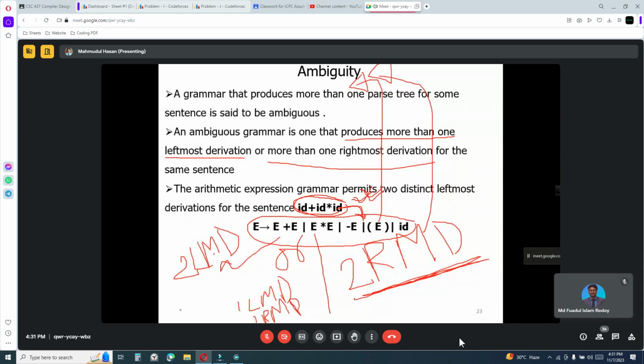So more than one leftmost derivation or more than one rightmost derivation is ambiguity. You can say another way: if it is possible to draw more than one parse tree, the grammar is ambiguous. Got it?